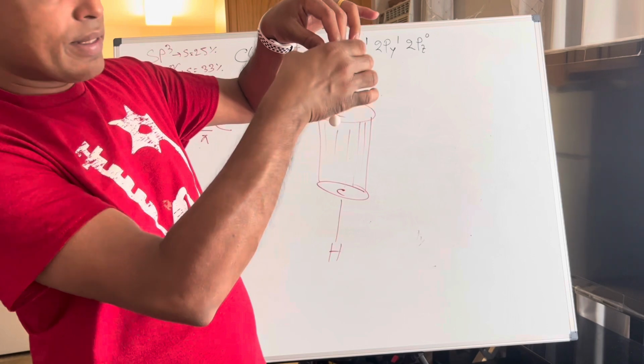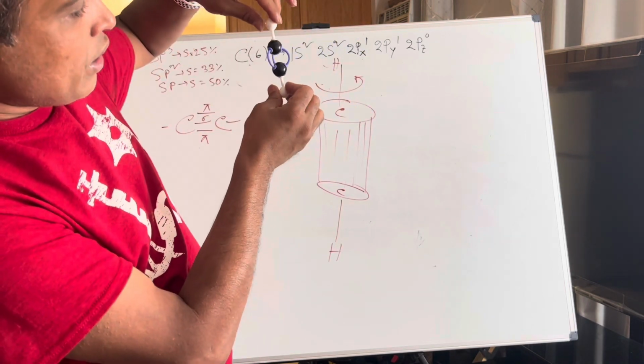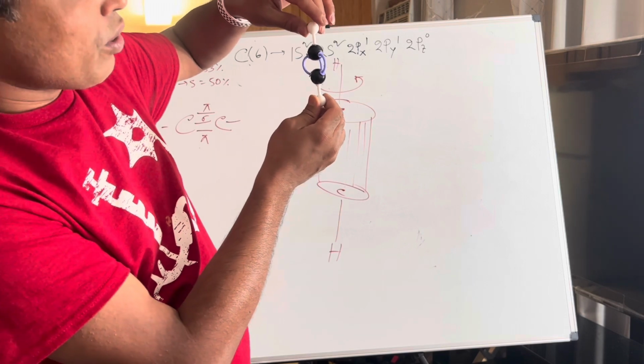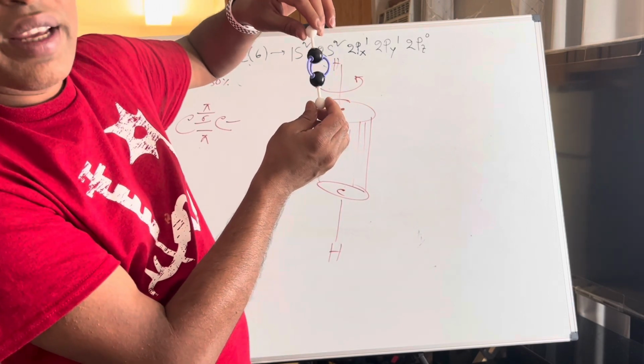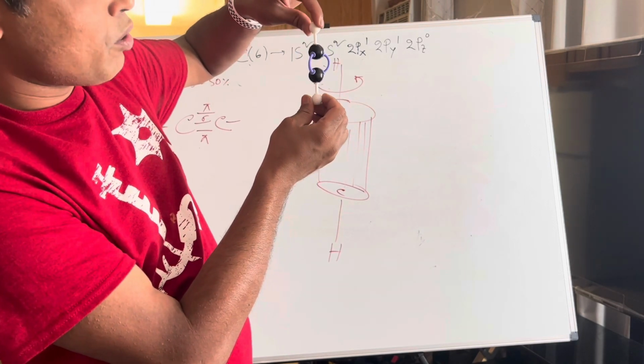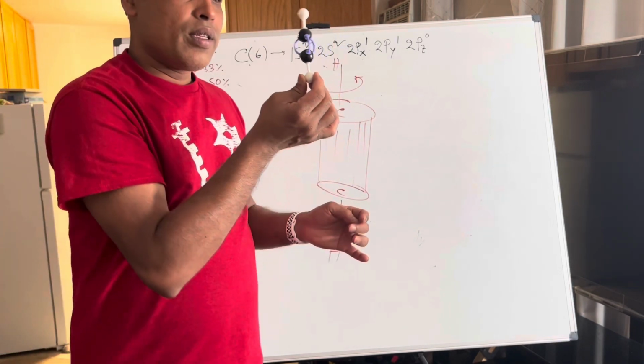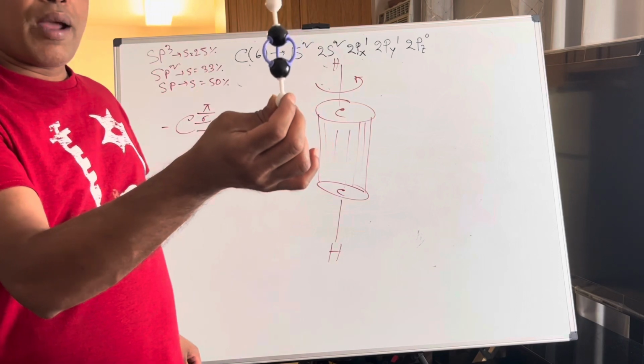So it is like a cylinder shape. Originally, the acetylene molecule, or ethyne molecule, is like this, a triple bonded compound. So this is formed by sp hybridization.